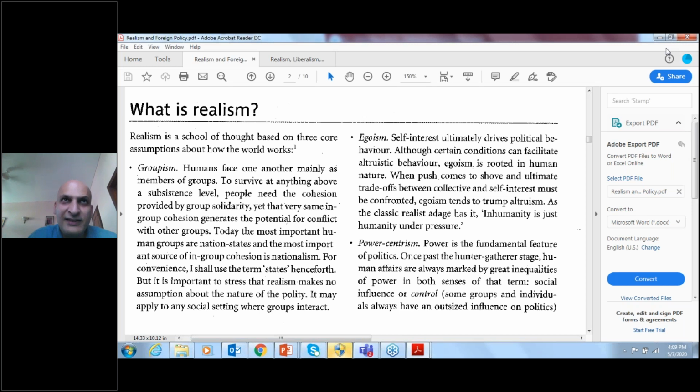It tells you that in any situation, whether it is domestic politics or international politics, look for where self-interest lies, where the person or the group's self-interest lies, and you will be able to better understand what is happening. So keep your eye on the people's self-interest. The second view is keep an eye on who has power in a particular situation.